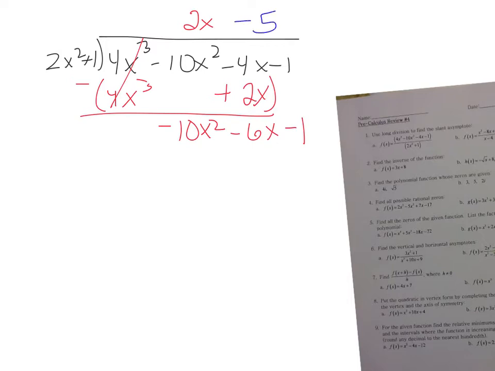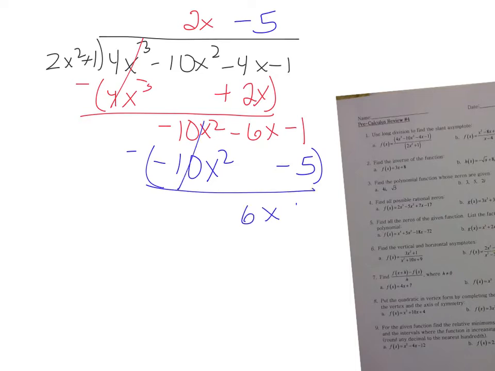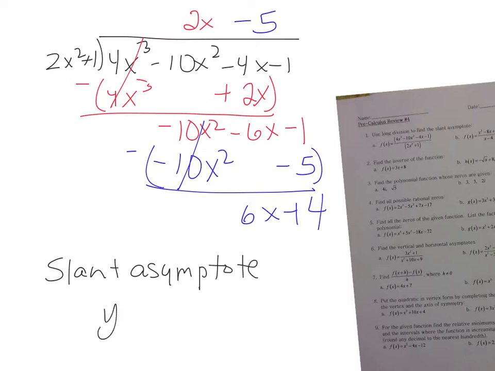So multiply down, I get negative 5, and then negative 10x squared. Subtract. So that cancels. I get 6x and plus 4 here. So my slant asymptote is going to be y equals, and it's an equation, so it has to be y equals 2x minus 5.